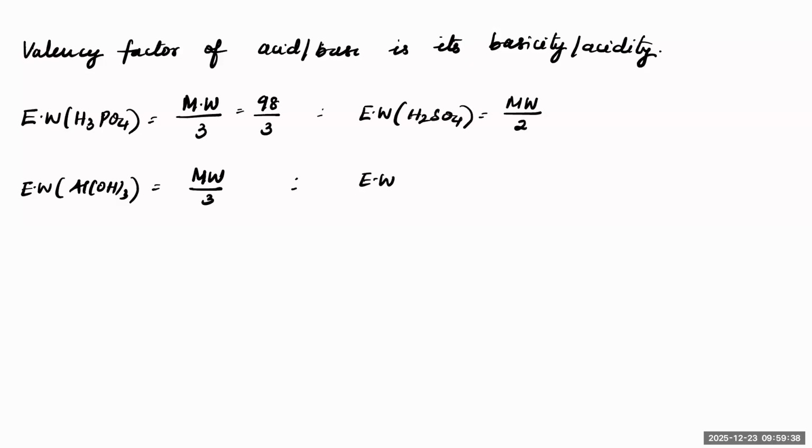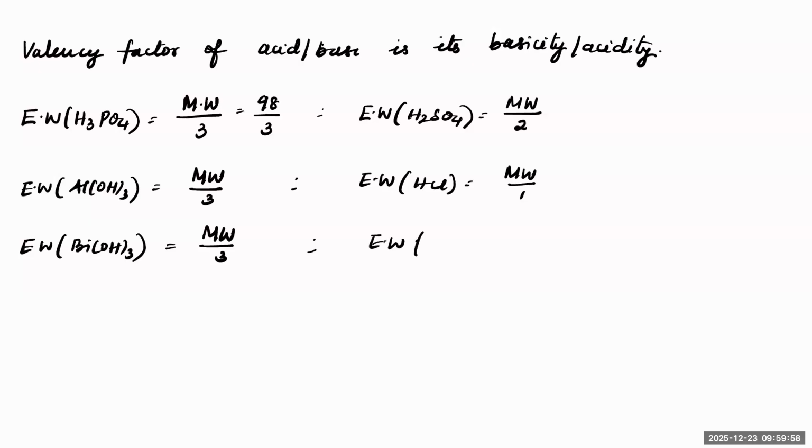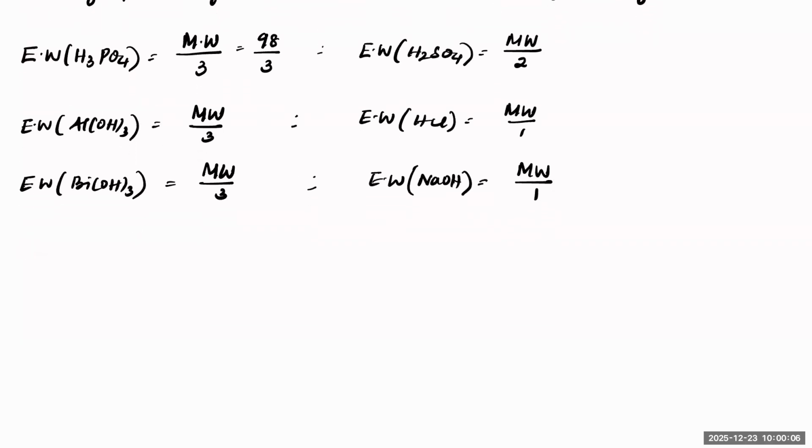Equivalent weight of HCl is simply molecular weight by 1. Equivalent weight of bismuth hydroxide, Bi(OH)3, will be molecular weight by 3. Equivalent weight of NaOH will be molecular weight by 1.